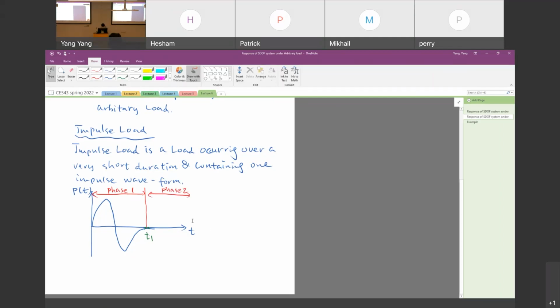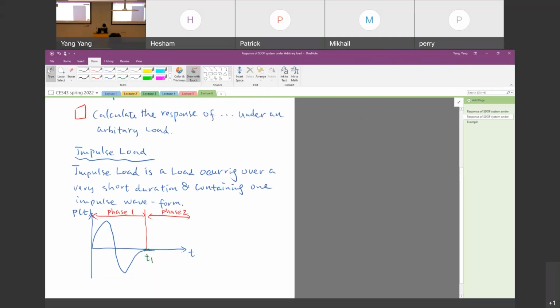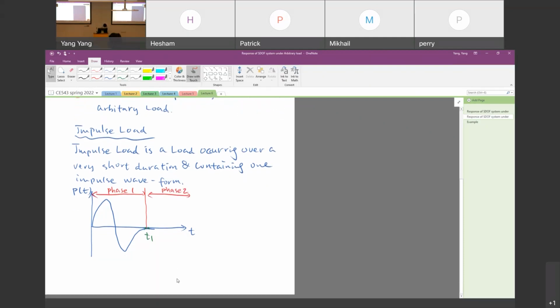Phase 1 is the forced behavior, and phase 2 is free vibration.